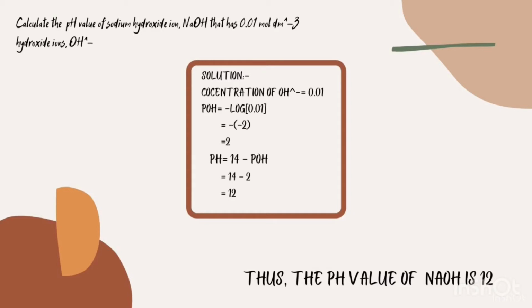So pOH is equal to negative log in bracket 0.01, so we get 2. After we get the value of pOH, we can find the value of pH by subtract 2 from 14. So 14 subtract 2 is equal to 12. Thus, the pH value of sodium hydroxide is 12.